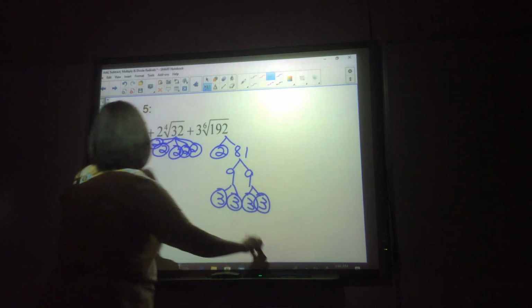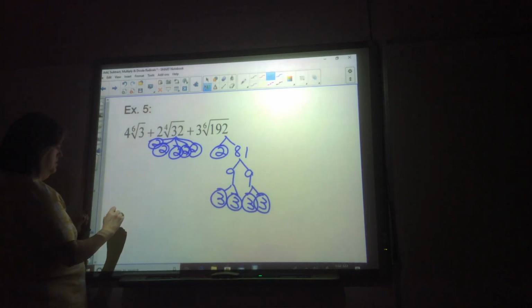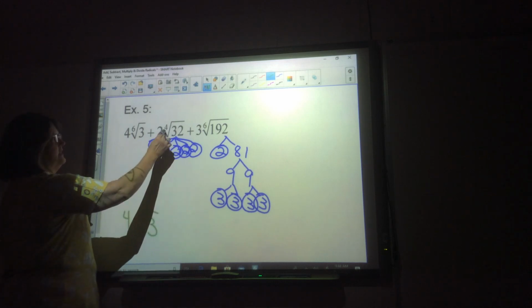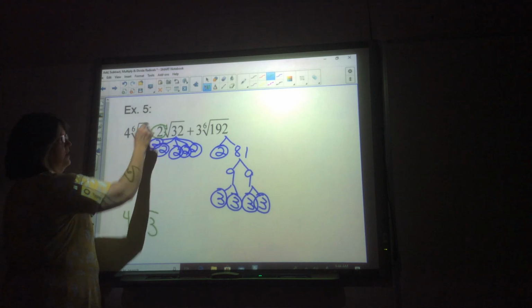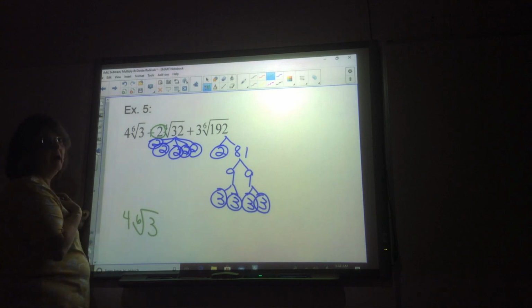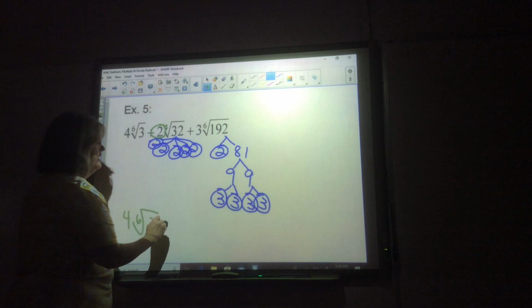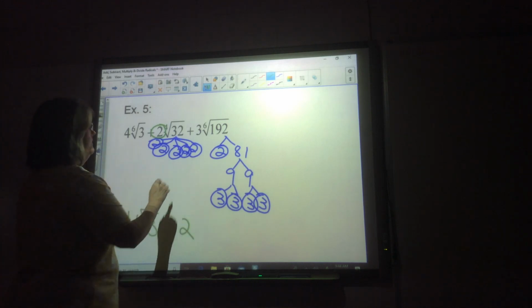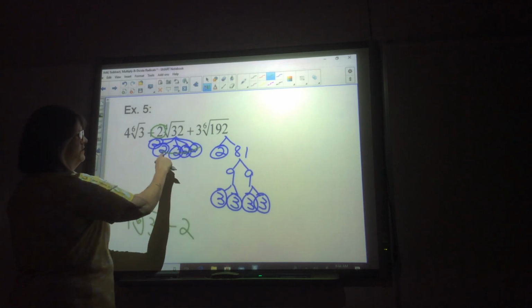Now, this is 4 onto the 6th root of 3. It takes 4 of the same number. Watch this right here. See that number there? It's called a multiplier. Don't forget that you have it. That's a mistake that I make all the time. I have a 2 on the outside already, and it takes 4 of the same number, so there's a 2.